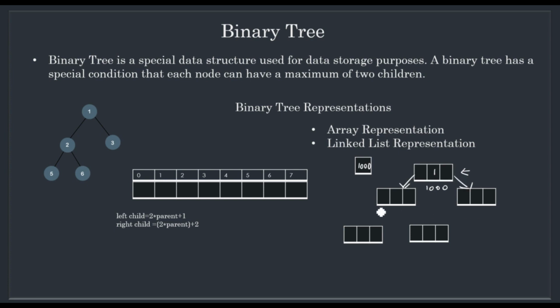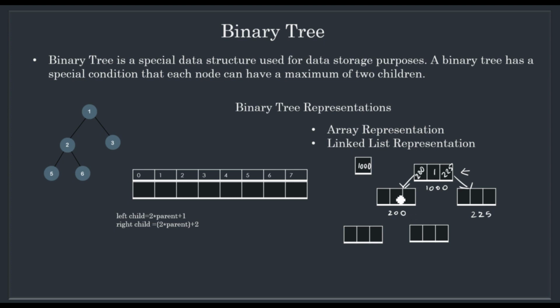Maybe the addresses of the children nodes are 200 and 225. So 200 is stored here and 225 here. This is the pointer to the left child and this is the pointer to the right child.